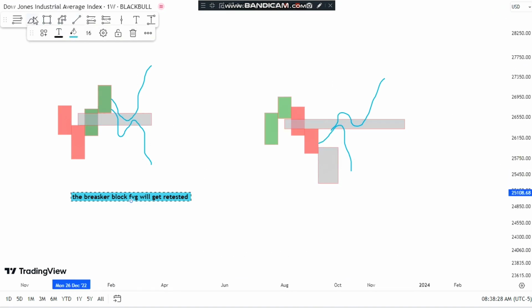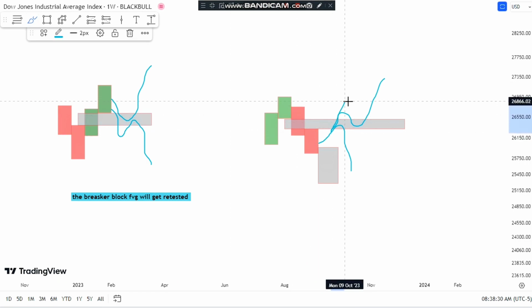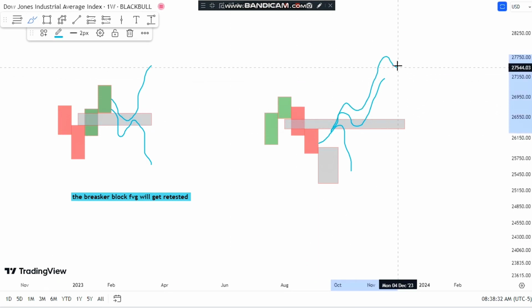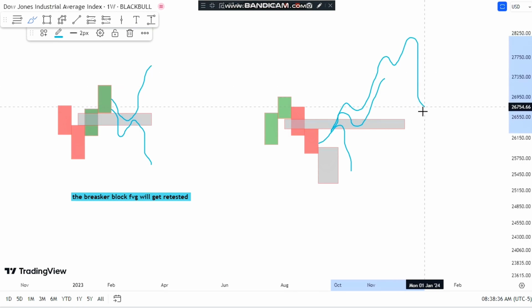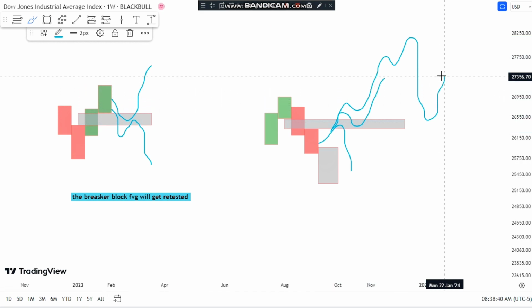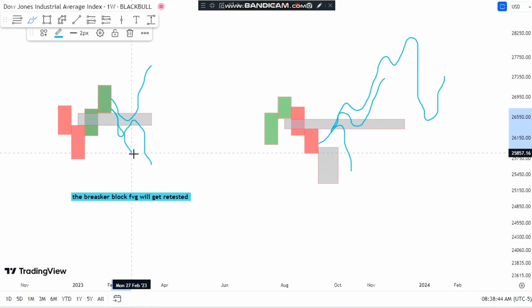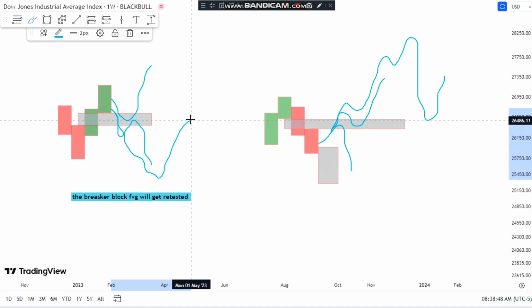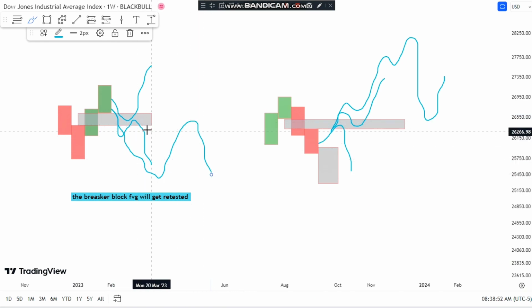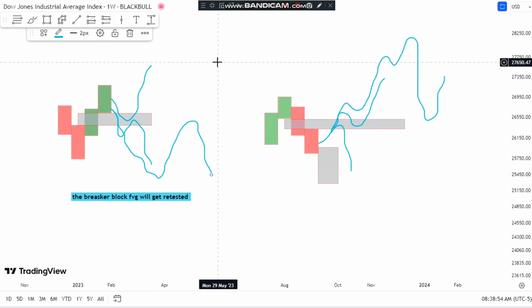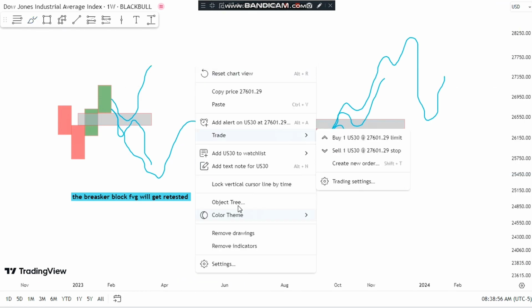Like if the price goes up and keeps going up, then sooner or later, if it's days or weeks, it will go down into this fair value gap and then it will provide this pump. Okay, and in this case this is breaker block. If the price goes down, it keeps going down for weeks, sooner or later it will get retested and it will provide the resistance. So you have to keep this point in your mind, and now we will discuss the liquidity.